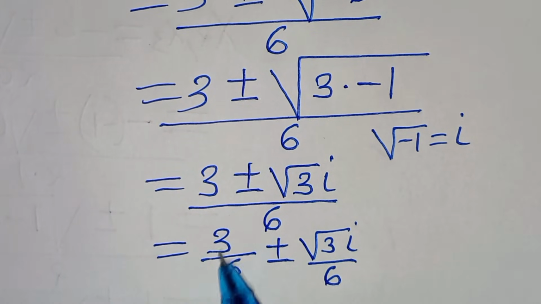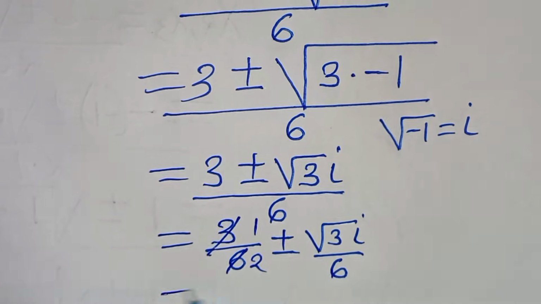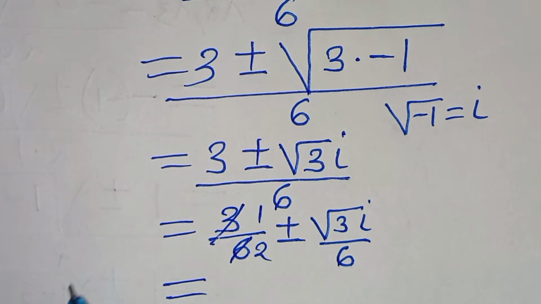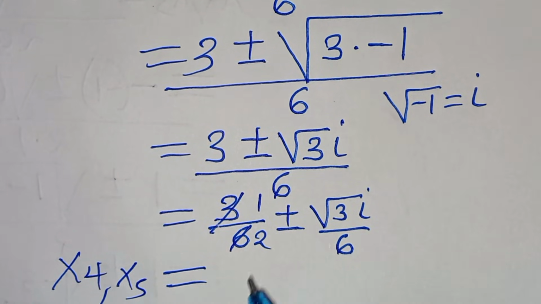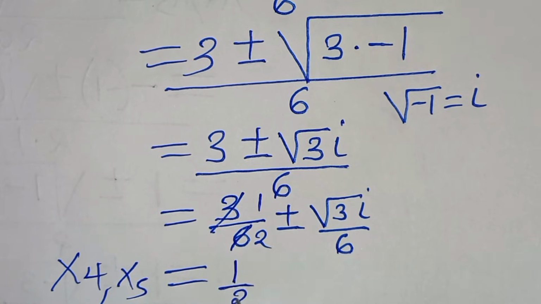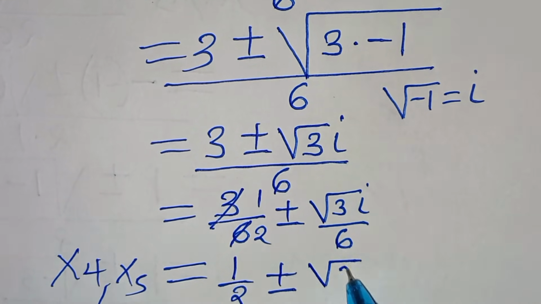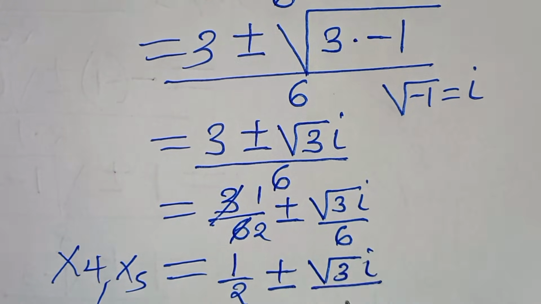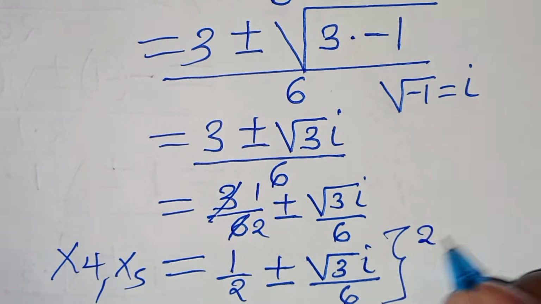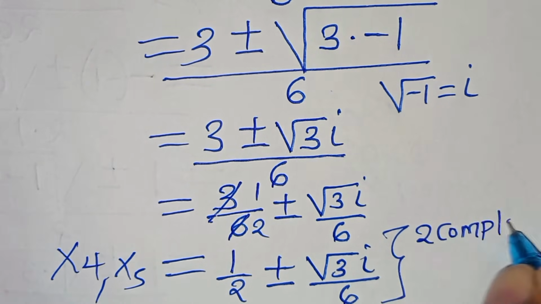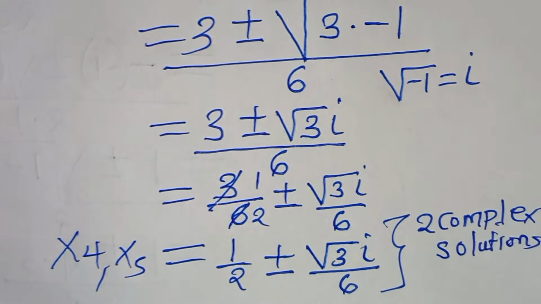Now, if we simplify here, 3 divided by 3 is 1, 6 divided by 3, this is 2. So this is the same thing as x4, x5, which is equal to a half plus or minus square root of 3i, then divided by 6. You find that these are two complex solutions under case 2.